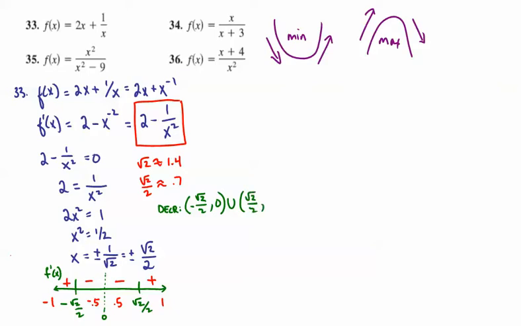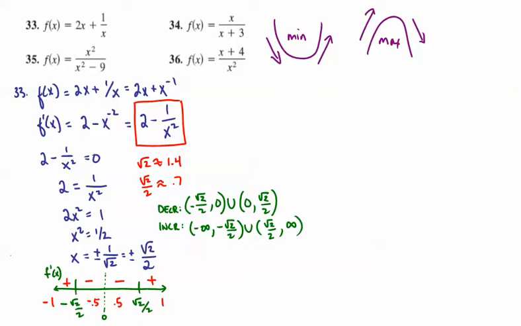From 0 to root 2 over 2, it is increasing. From negative infinity to negative root 2 over 2, and it also increases from root 2 over 2 to infinity.